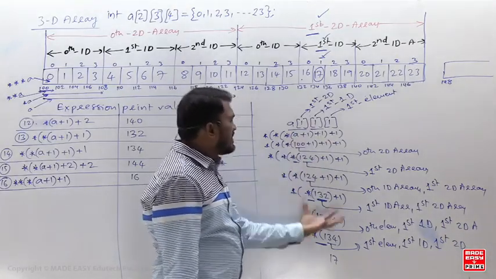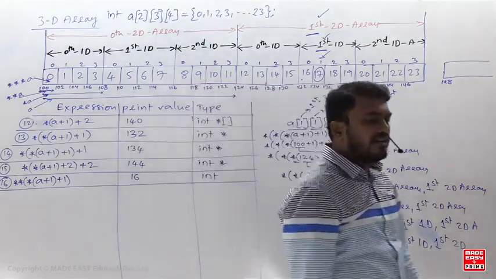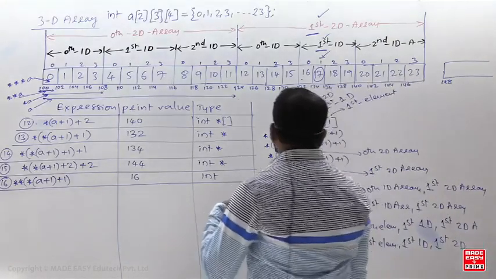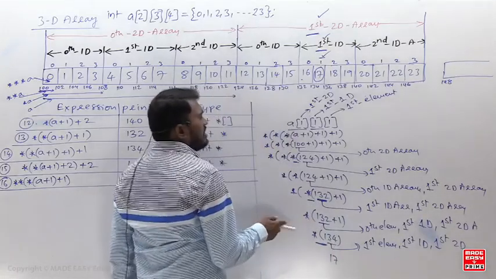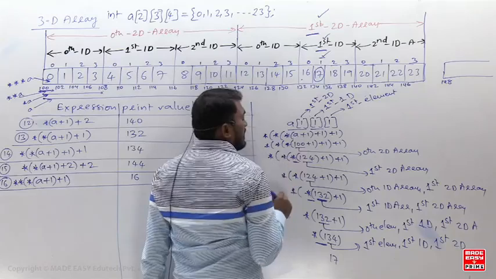So please copy this. Copy it on the side, maybe in the next page. Look at here. If I say plus 1 here, it is jumping 24 bytes.